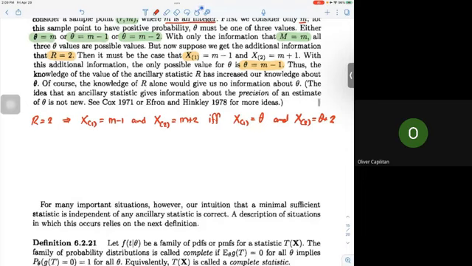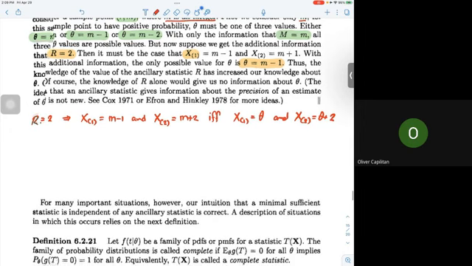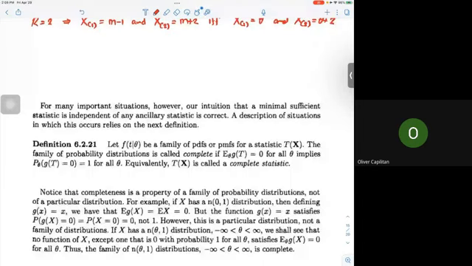So this is our example of an ancillary statistic that is not independent of the minimal sufficient statistic, and this ancillary statistic would sometimes give information for inferences on our parameter theta. For many important situations, however, our intuition that the minimal sufficient statistic is independent of any ancillary statistic is correct.